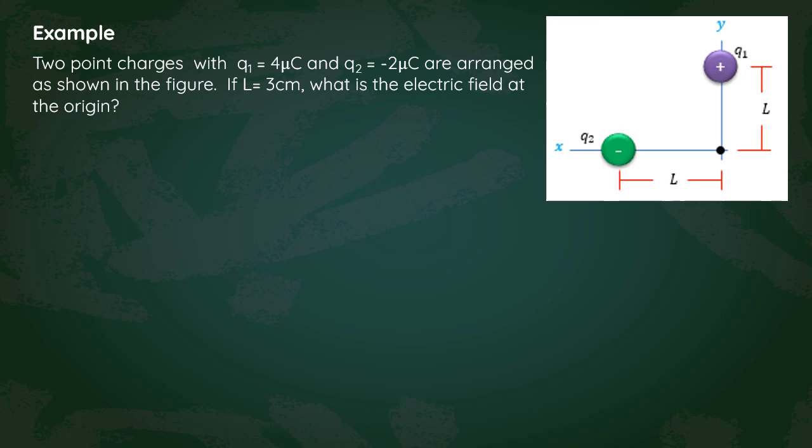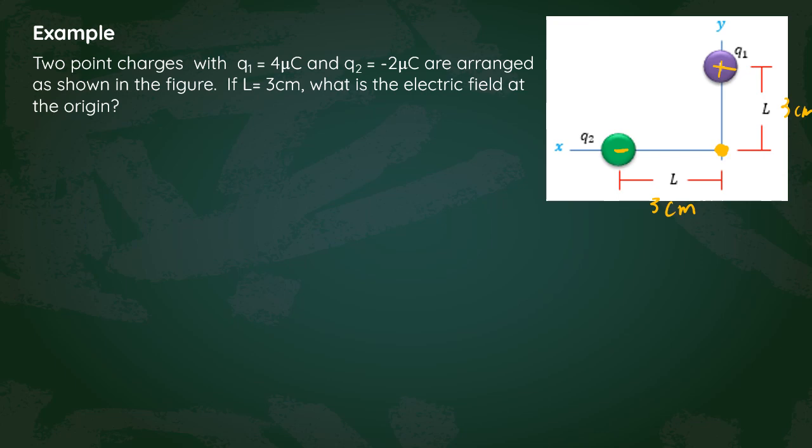If L, the distance between this point and the positively charged particle and between this point and the negatively charged particle, are both 3 centimeters, what is the electric field at the origin?